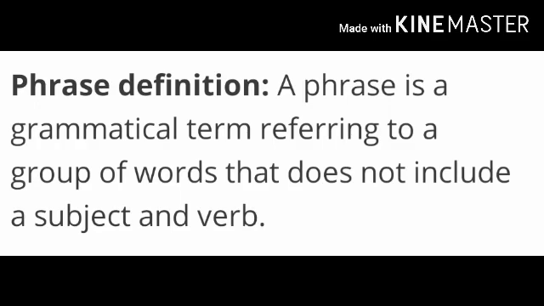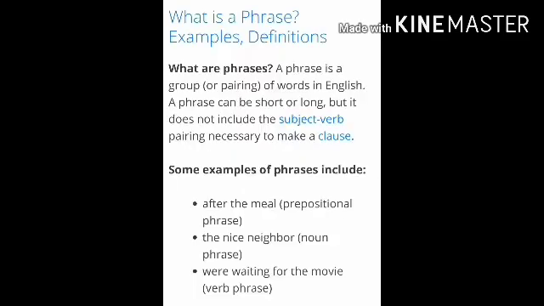As we have read a lot of parts of speech in grammar, similarly phrase is also a part of that. That is the reason it is called a grammatical term. Okay? And it's a group of words which does not include a subject and verb.